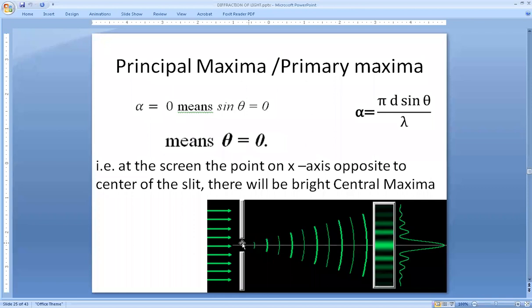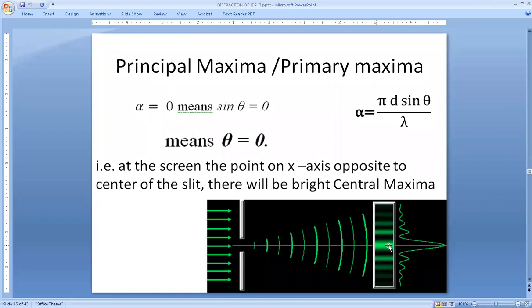It means the point on the screen, this is the screen, which is exactly opposite to the center of the slit, will be the brightest. I hope you can see the bands here. These bands are representing the intensities of patches on the screen. So I'm actually referring to this portion.